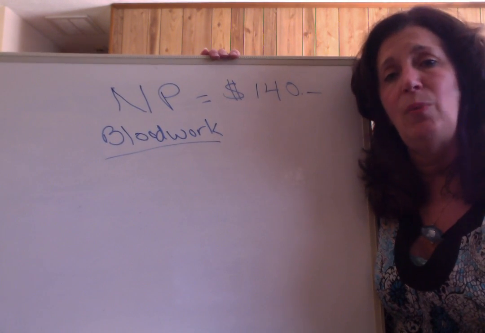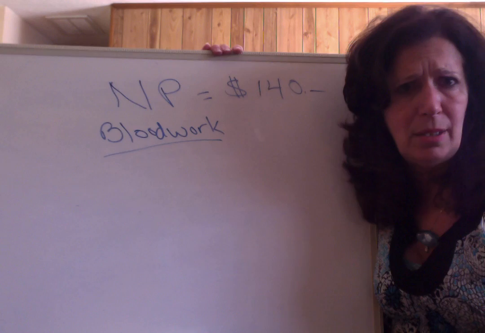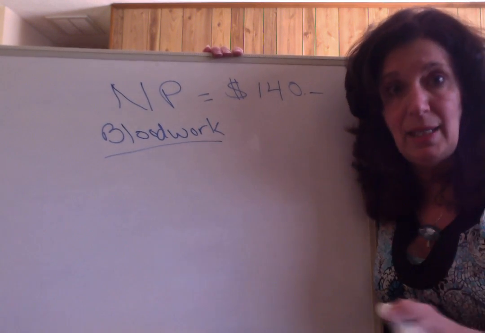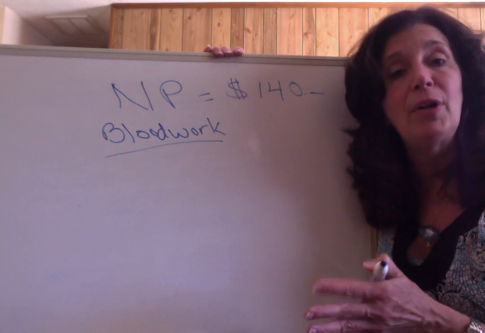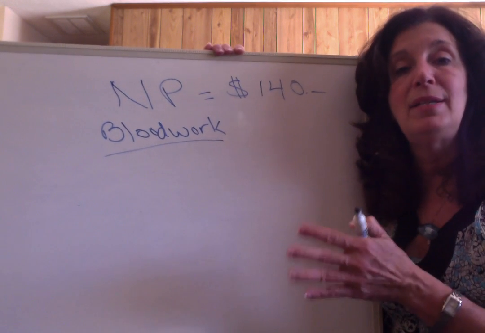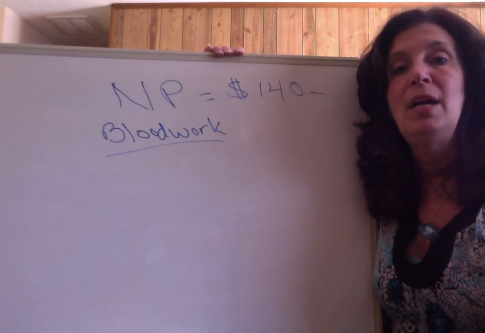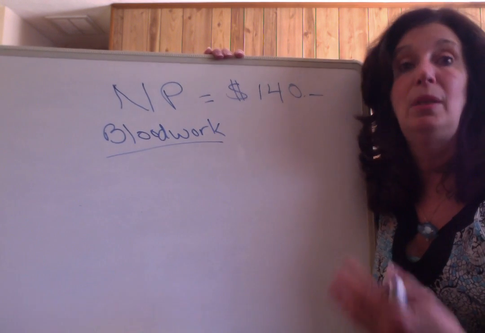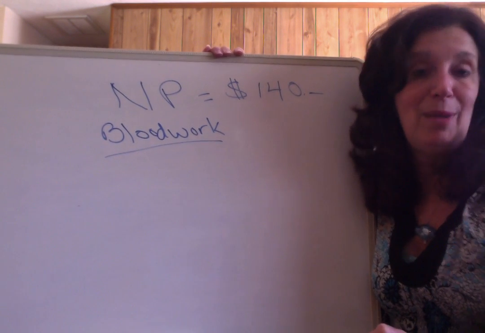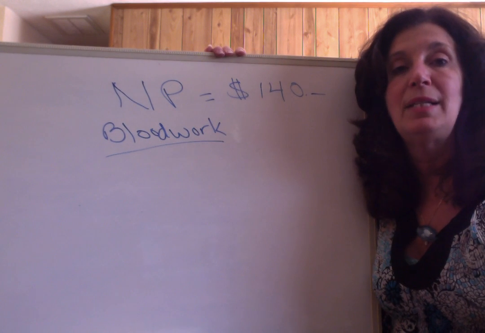And I don't just look at what marker's high and what's low and suggest a supplement to you. I'm analyzing it, interpreting it holistically. I'm looking at all the markers and how they play a piece and a part together with each other. So we would definitely be running the cholesterol panel, your glucose, the thyroid screening really is what it is.